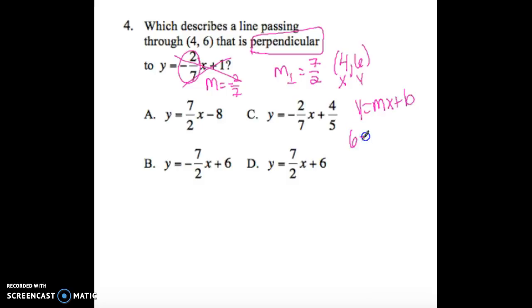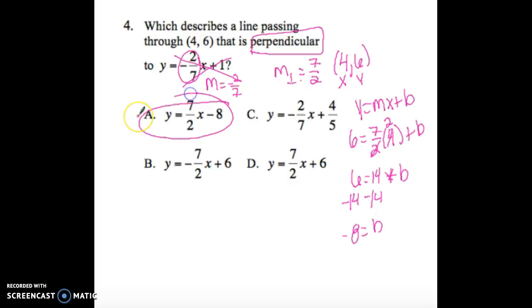So we have 6 equals 7 halves times 4 plus b. The 2 and the 4 can simplify, and you get 6 equals 14 plus b. Subtract 14, and you get negative 8 equals b. So your equation is y equals positive 7 over 2x minus 8.